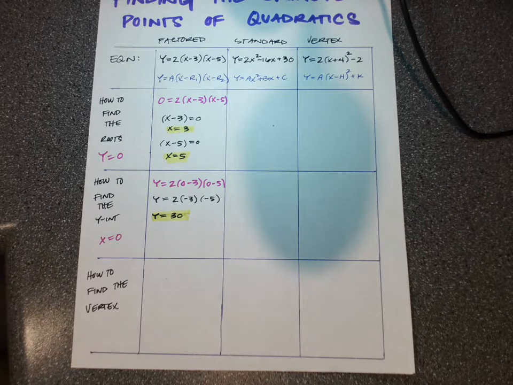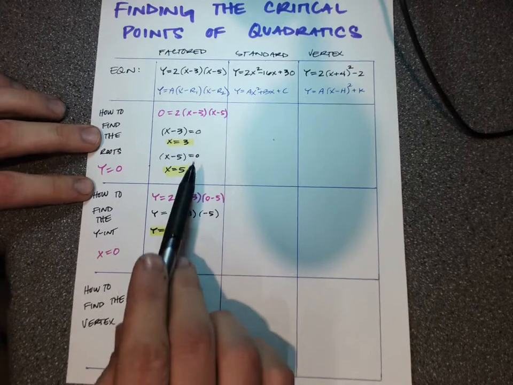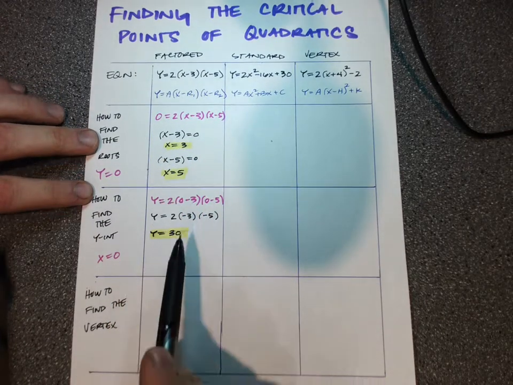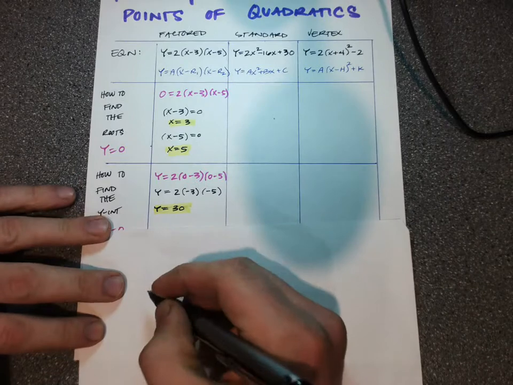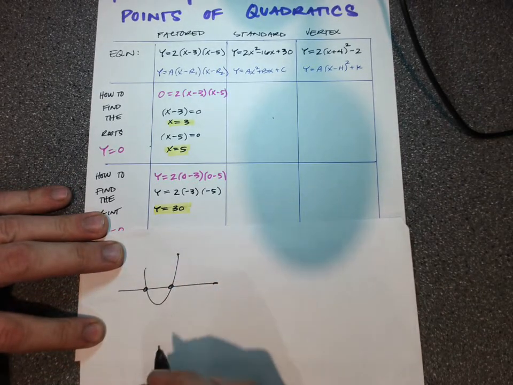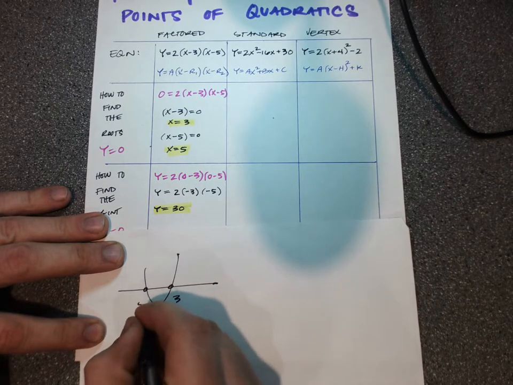And if you wanted to find the vertex, that requires us to do a little investigation. What is halfway in between? If our roots are 3 and 5, that would make a parabola that, making a sketch here, looks something like this, at 3 and 5.